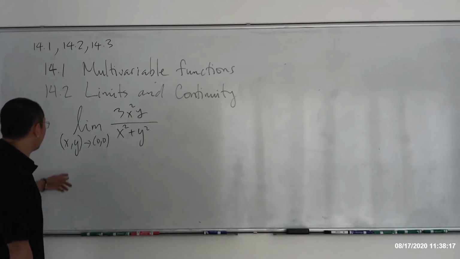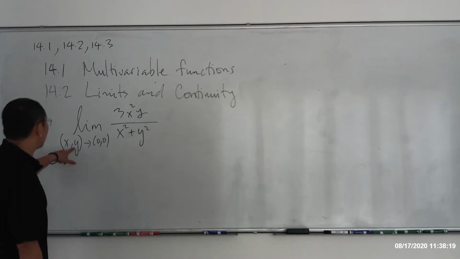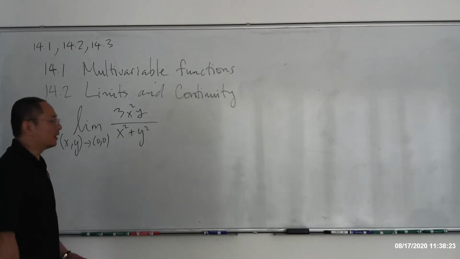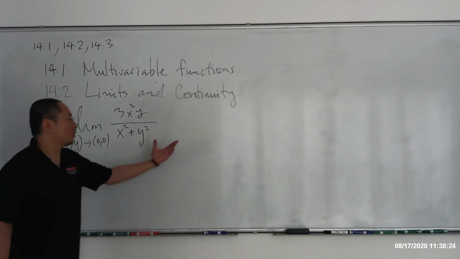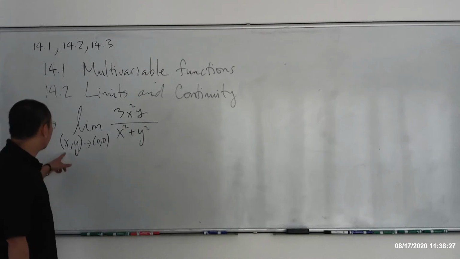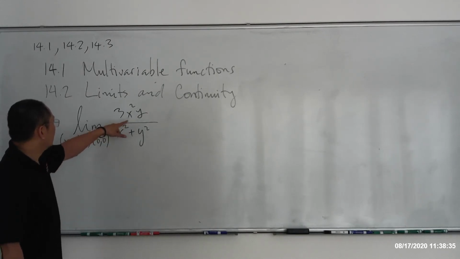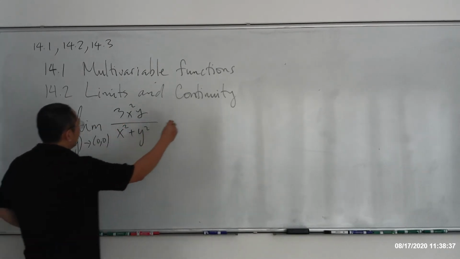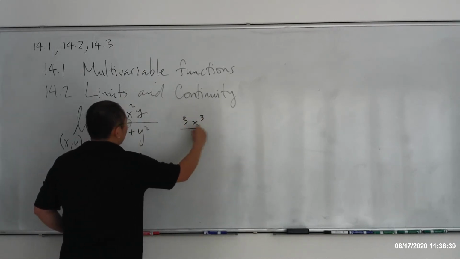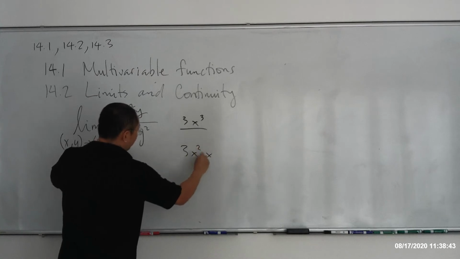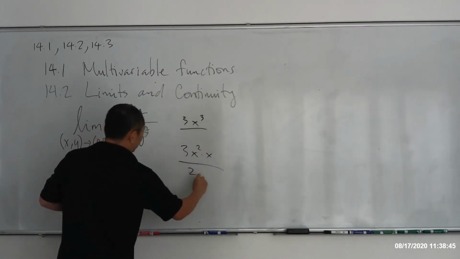All right, you try anything. Say plug in y equals 0, x be anything. If the limit exists, it's got to be equal to 0. Very similar to the first one, right? Or try x equals 0, or try x equal to y. Then you get 3x cubed over 2x squared.